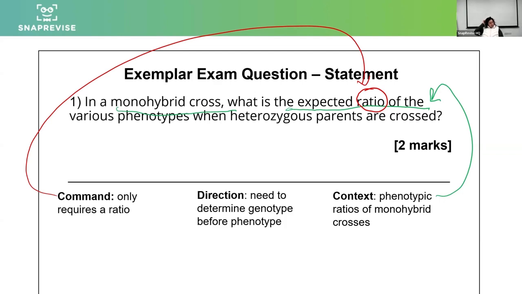And my direction is that I need to determine the genotypes, and therefore the phenotypes. So what is the ratio of the various phenotypes from a het cross?